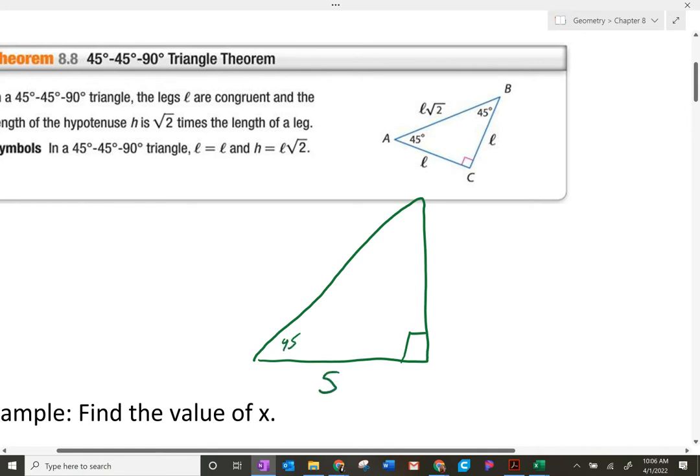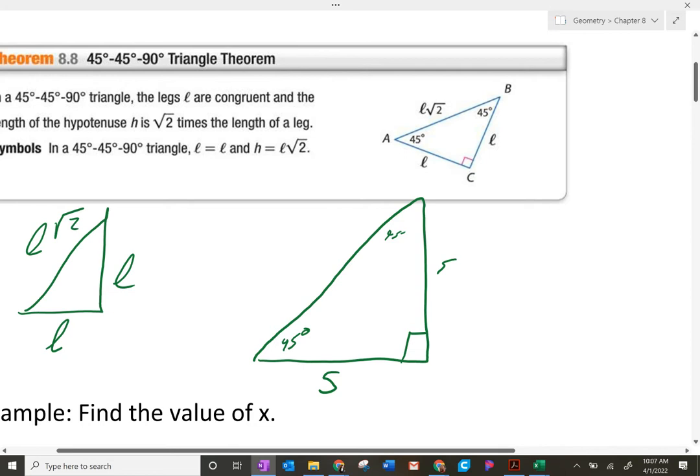I'll say that's 45 degrees, 45 degrees. Again, they gave you this formula up here of L. So it says L, and then the hypotenuse is going to be L times radical 2. So if I have this shape over here, the triangle has L, and then L radical 2.